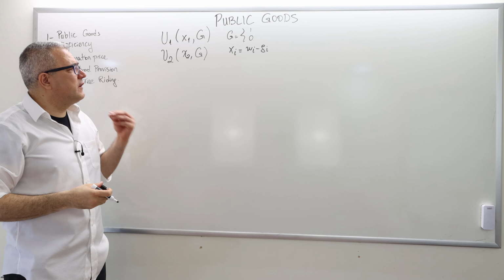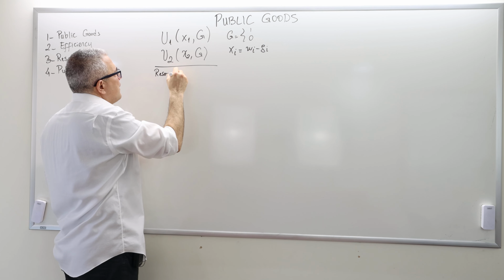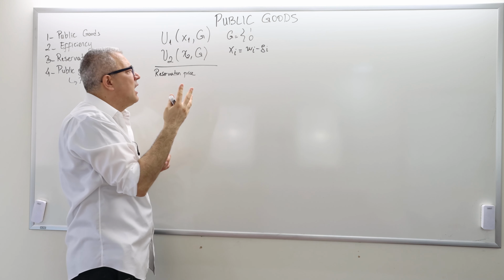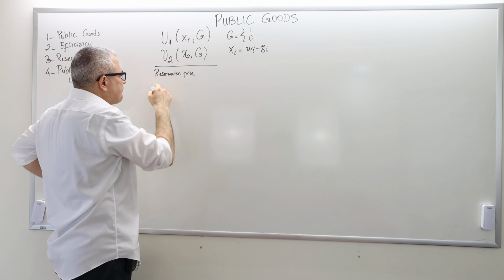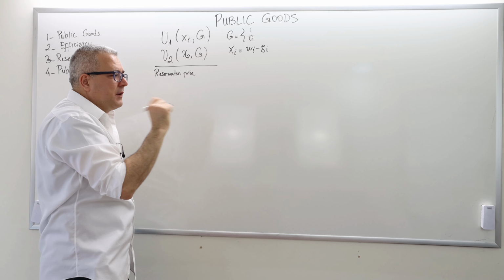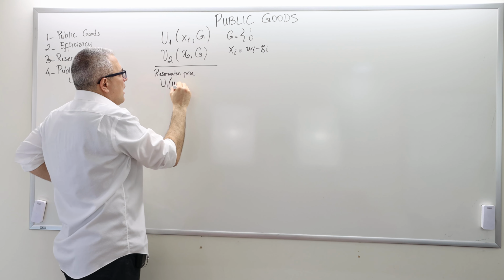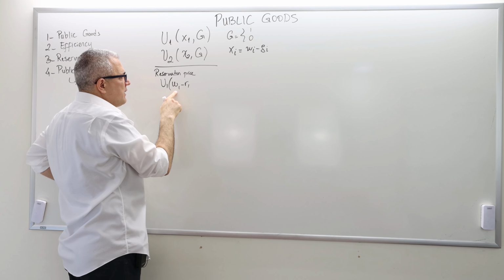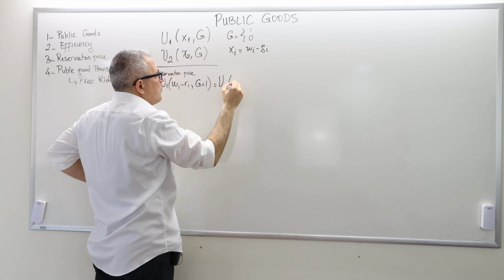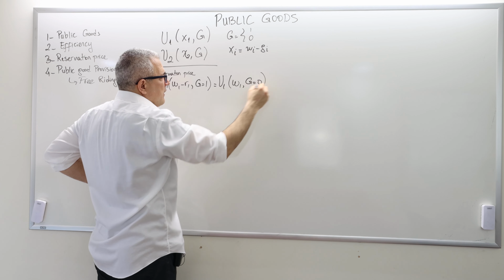Okay? So we already talked about the reservation price. We use a different notation for the reservation price than G_i because it's special. You'll see why. The reservation price is the value at which the utility of agent 1, with his private consumption when he pays his reservation price and G equals 1, is exactly equal to his utility if he pays nothing for the public good and the public good doesn't exist.